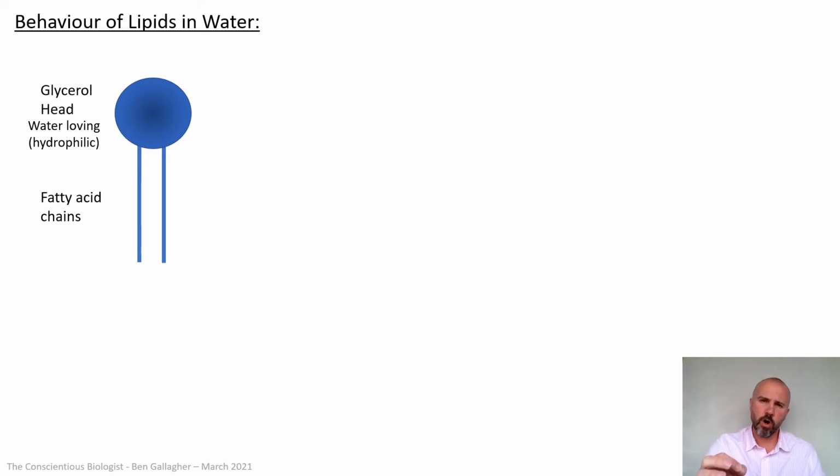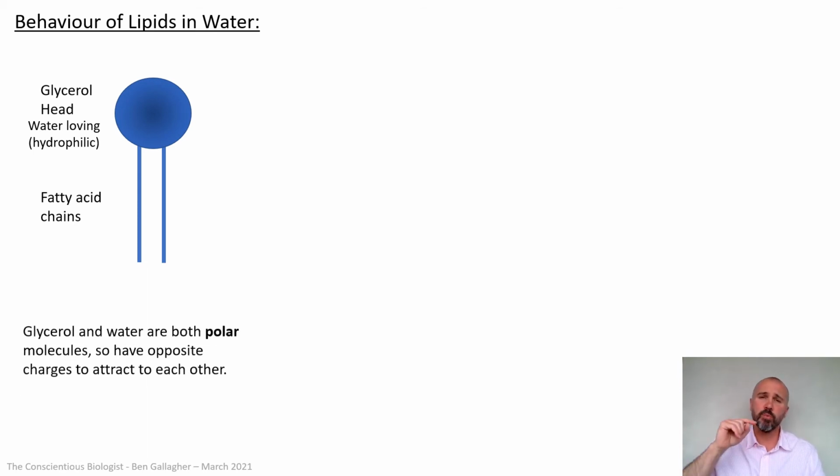Now, the reason why the glycerol head is hydrophilic or water loving is because water is also kind of glycerol loving, because they're both polar. So as I've written over here, glycerol and water are both polar molecules. Polar means they've got positive and negative parts. They're like North Pole and South Pole. They've got opposite ends.